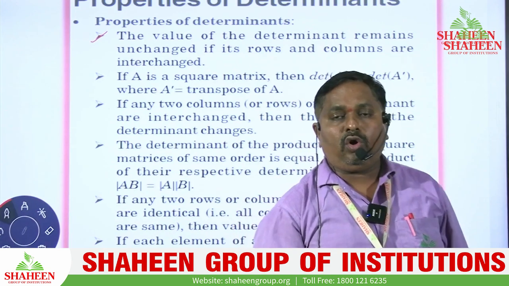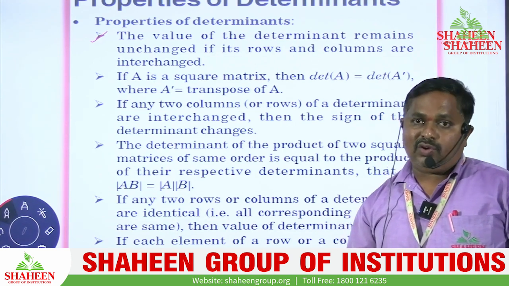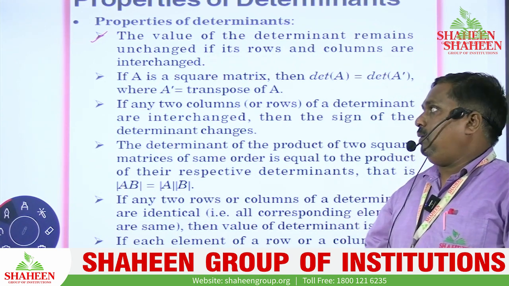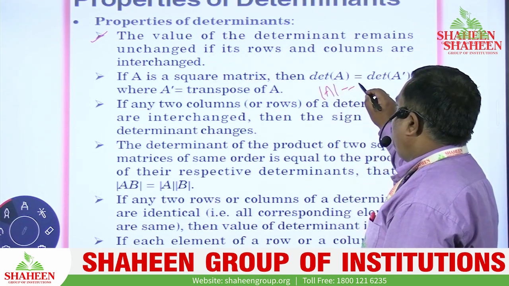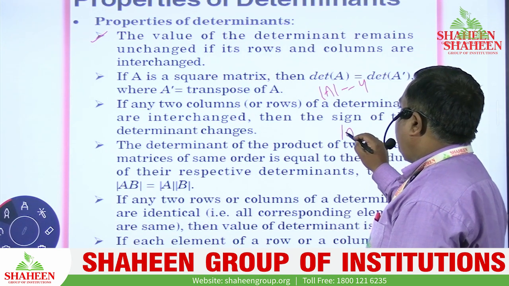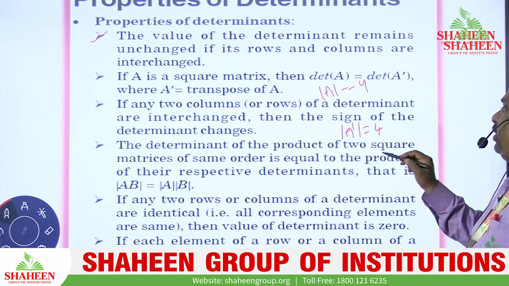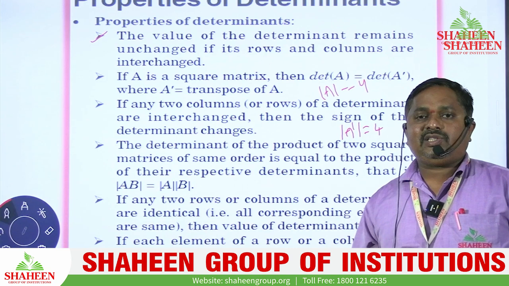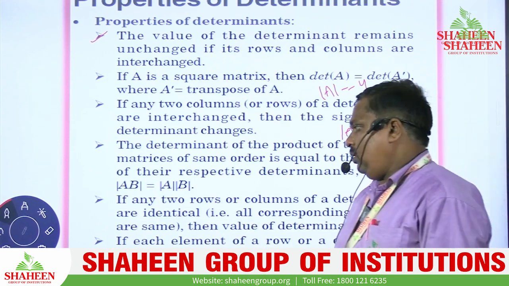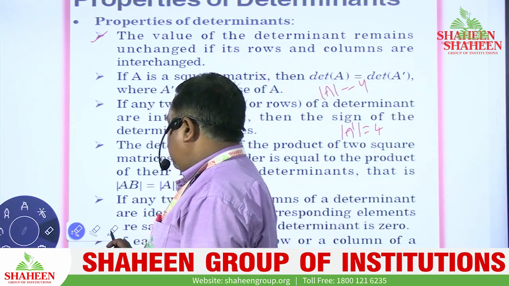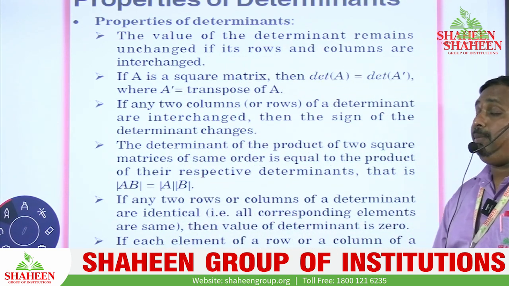If we interchange rows and columns, the determinant value will not change. For example, matrix A has determinant 4. If we interchange rows and columns we get A dash, and the determinant of A dash will also be 4. Understood? If we interchange the rows and columns of the matrix, then the determinant remains unchanged.